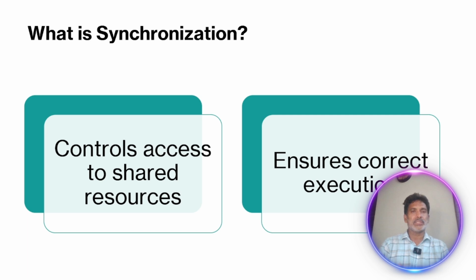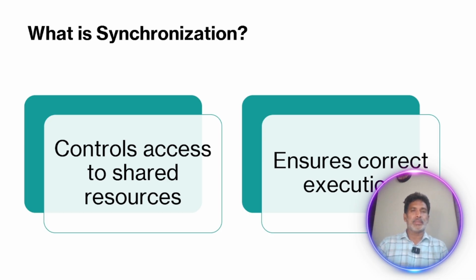Synchronization is the process of coordinating these threads so that the shared resources are accessed in a safe and organized manner. Mainly it ensures that only one thread executes a critical section at a time if required.